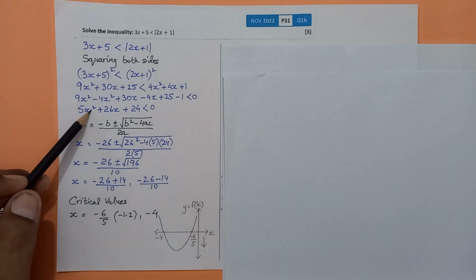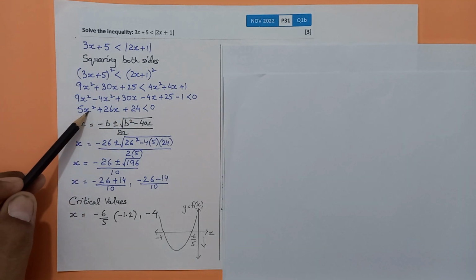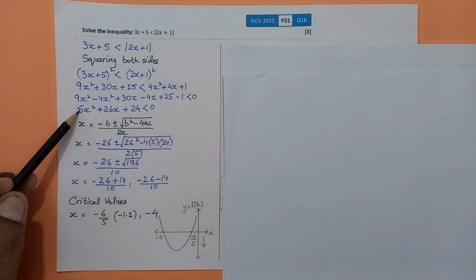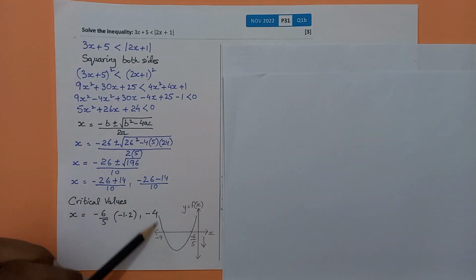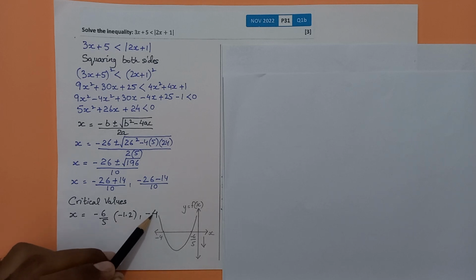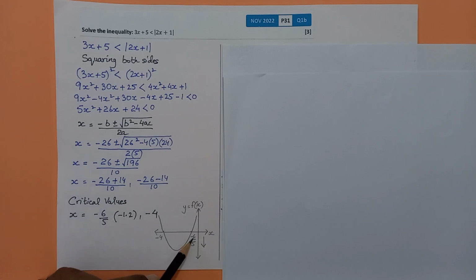Because the quadratic has a positive 5 for the x squared term, the graph will be a U shape, and minus 6 upon 5 when converted to decimal is minus 1.2, which is definitely greater than negative 4. So this one is minus 6 upon 5 and this one is negative 4.